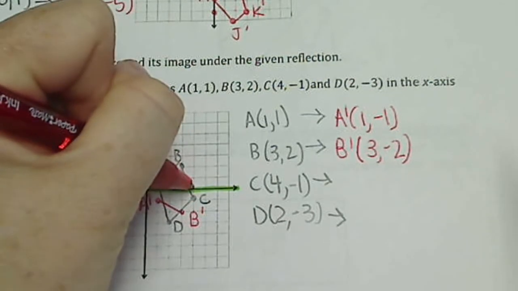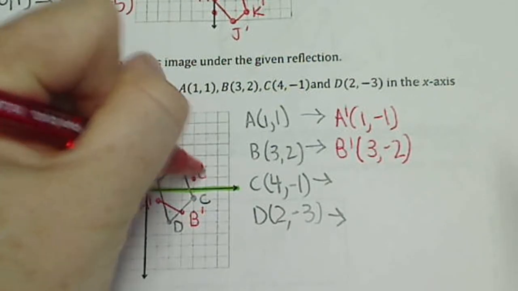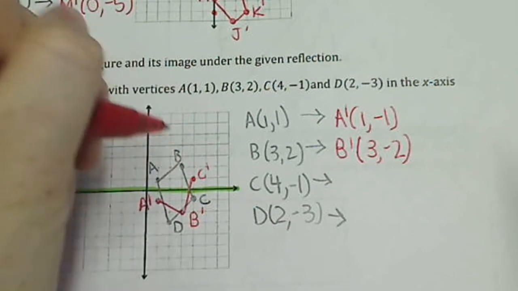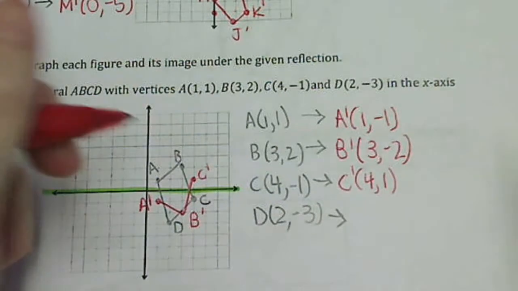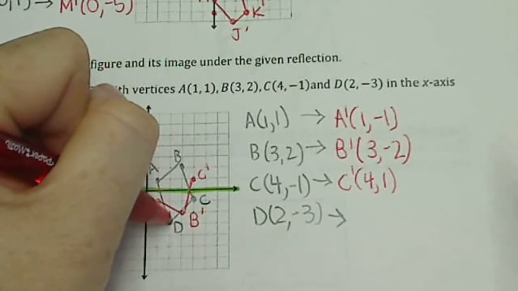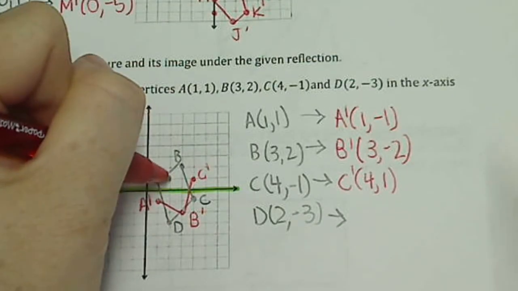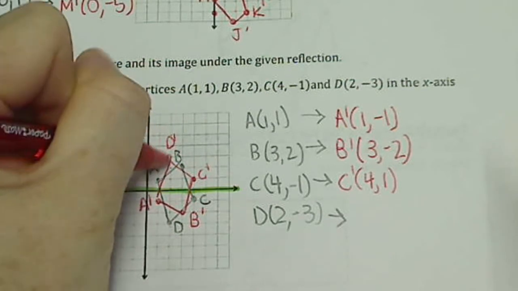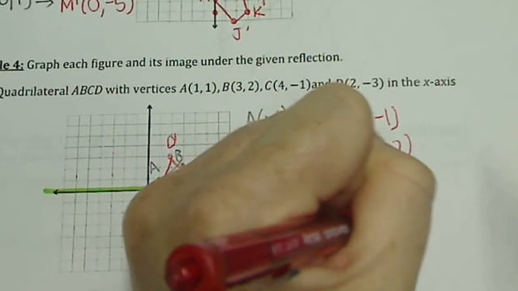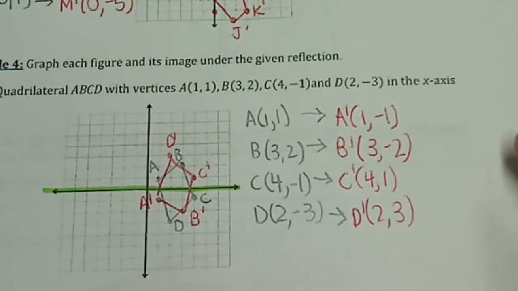C is 1 unit down, so in our image we're going to go 1 unit up. And that is the point 4, 1. D is 3 units down, so we're going to go 3 units up. And you can see why using a different color is helpful for your teacher.